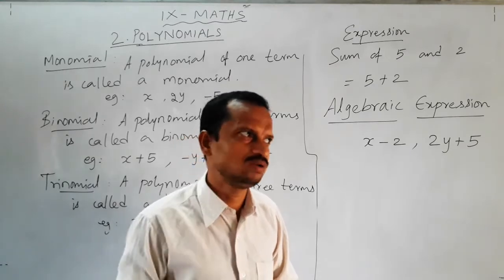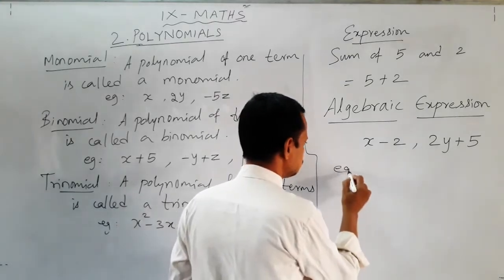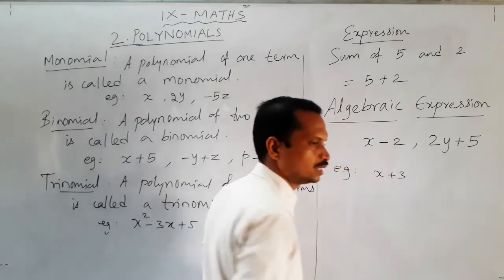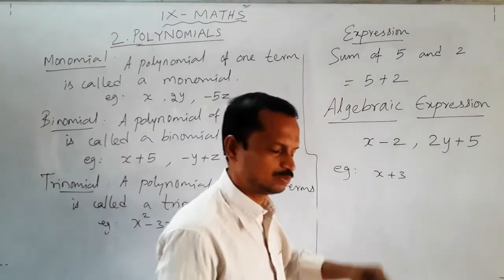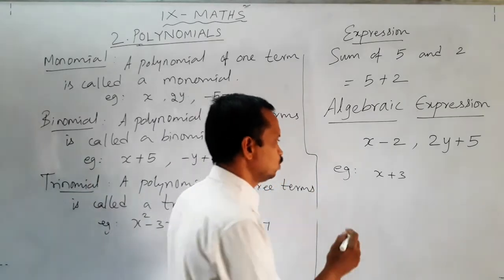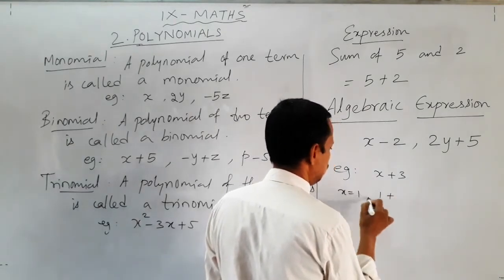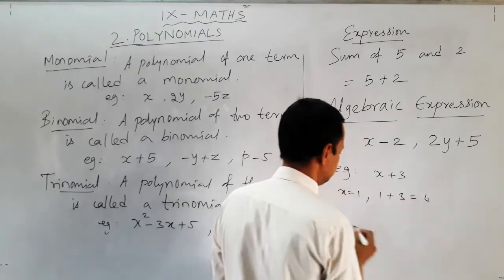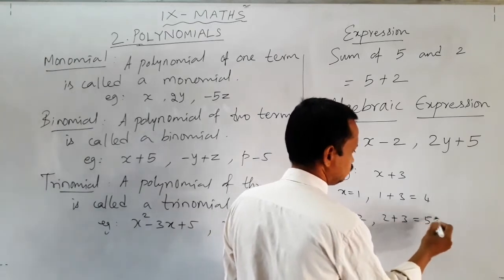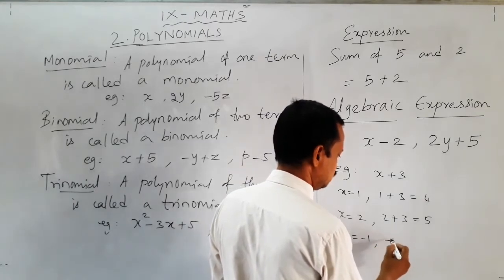So what is a variable? What is a constant? Variable means, the word itself gives the meaning, that it varies. For example, x plus 3. This is an algebraic expression whose variable is x. If you put 1 for x, what happens? 1 plus 3 equal to 4. x equal to 2, 2 plus 3 equal to 5. x equal to minus 1, then minus 1 plus 3.